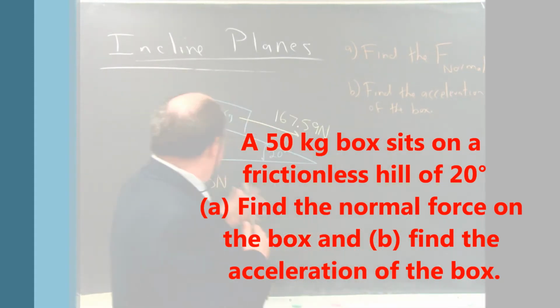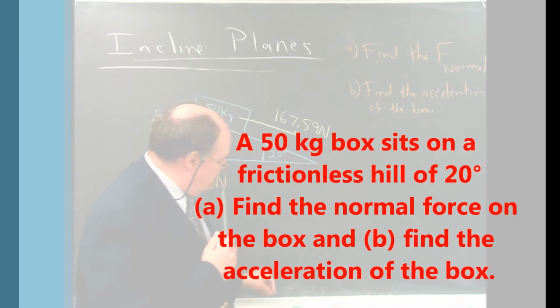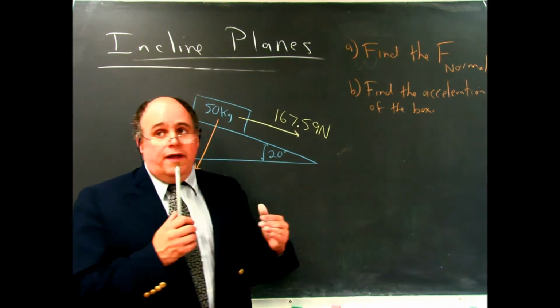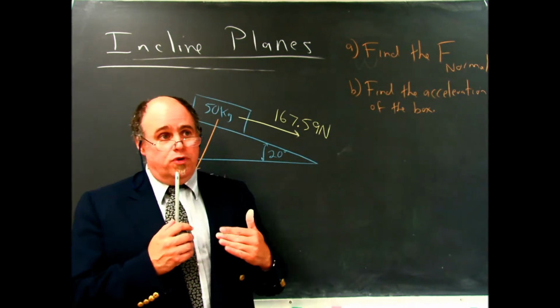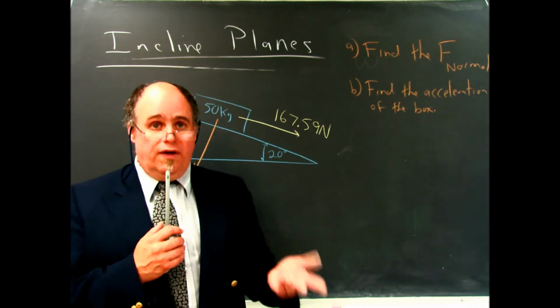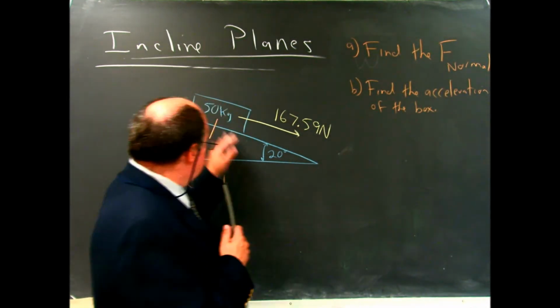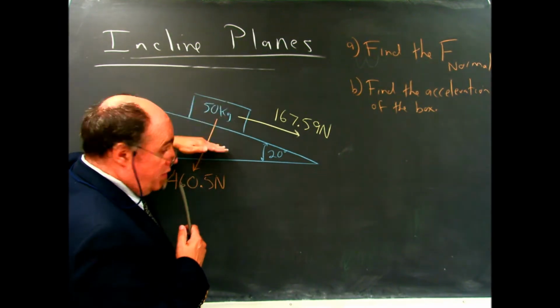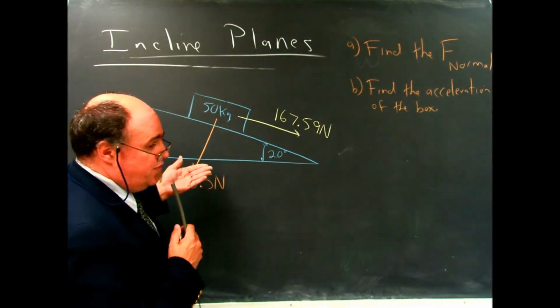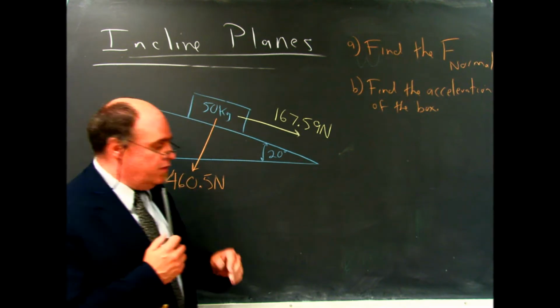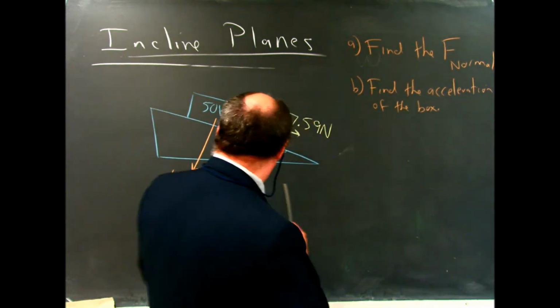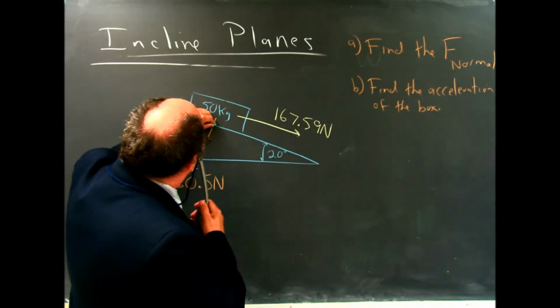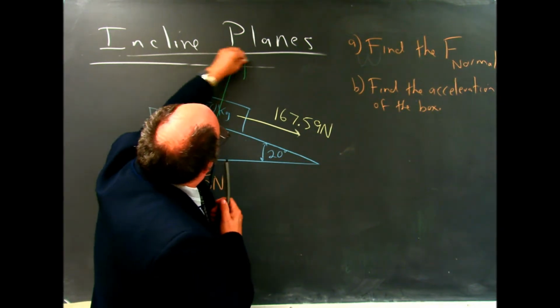Okay, well, the normal force. The normal force by definition is the force that the surface is going to push back in a perpendicular fashion on the object. So if the box is pushing on the surface of the hill, then the surface of the hill has to push back perpendicular to the surface, and it has to push back on the object. So the normal force would be going this way, and that's the force normal.